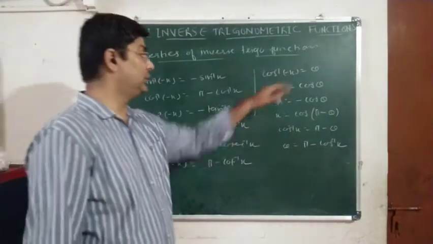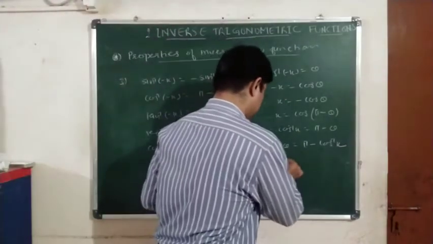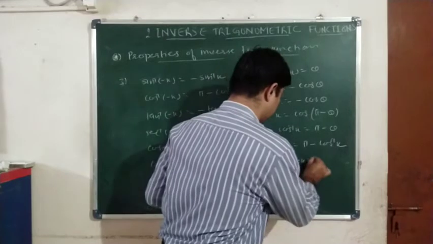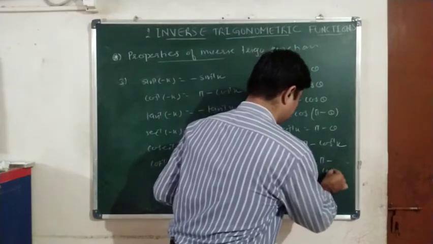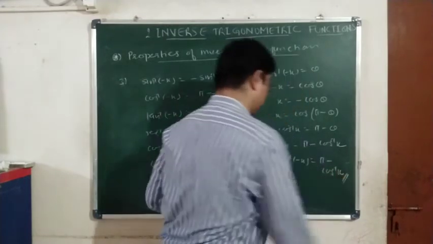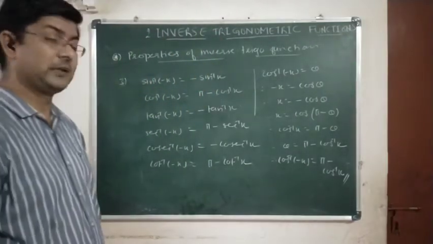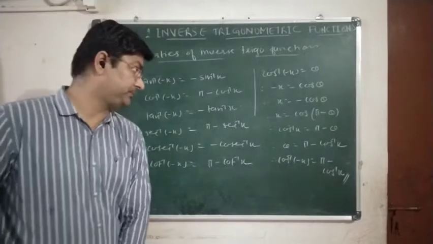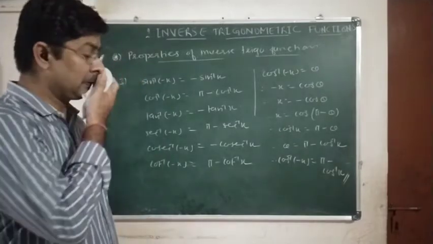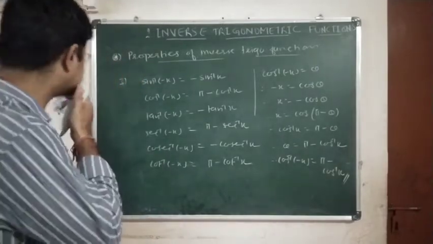Finally we will put the value of theta, that is cos inverse of minus x is equal to pi minus cos inverse x. Clear? So hence we have proved the property. Okay, now let us go to the next property.